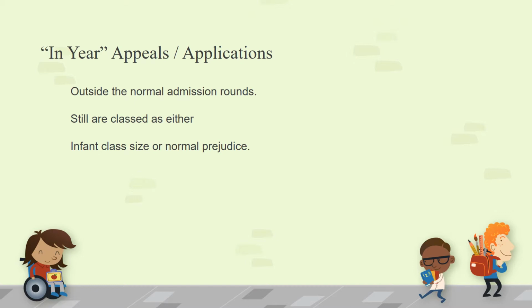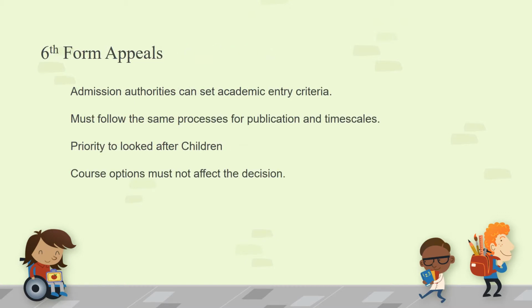Children and their parents applying for sixth form places may use the normal application form. Admission authorities can, however, set academic entry criteria for their sixth forms, which must be the same for both external and internal places. School sixth form admission arrangements for external applicants must be consulted on, determined and published in accordance with the same timetable as for admission arrangements for other entry points.